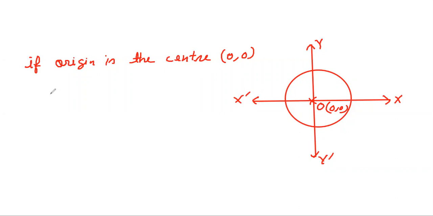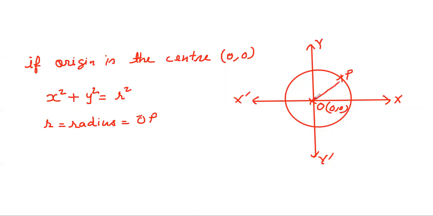If h is 0 and k is 0, this will become x square plus y square equals r square, where the radius r equals the distance OP, where P is any point. So this is the equation of the circle.